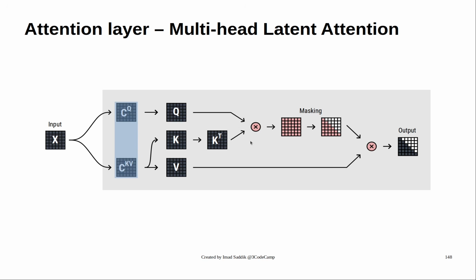After that, the rest will stay the same. But this is the thing that was added, and this is shared by every head. This helps reduce the KV caching, because you only need to cache these two matrices, and later you can generate the rest, because from CQ we get Q, and from CKV we get K and V.